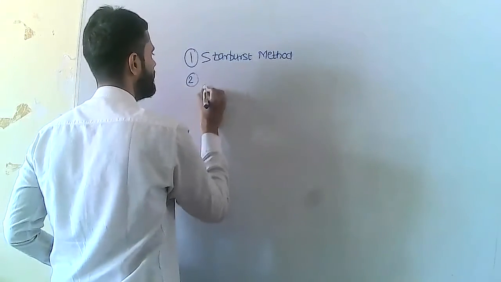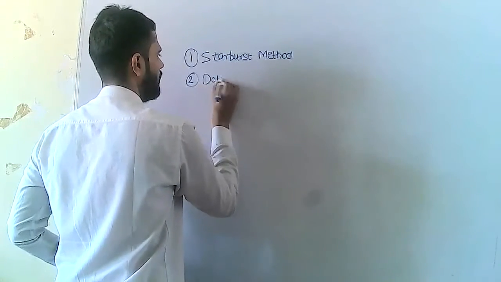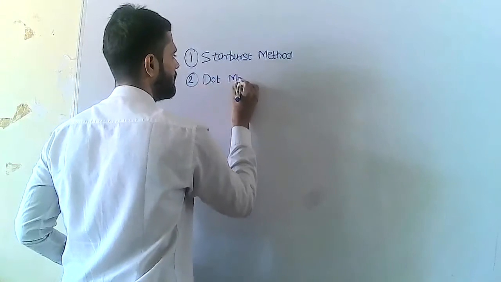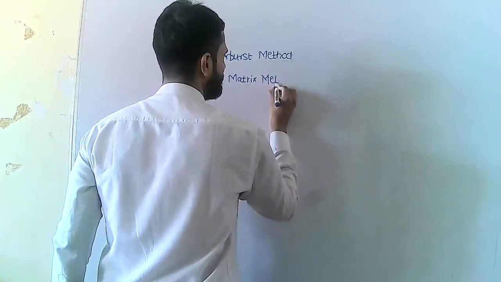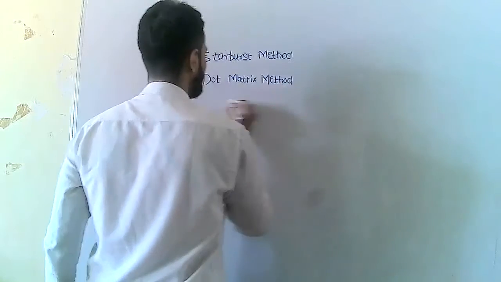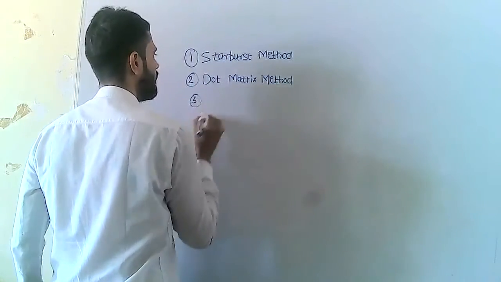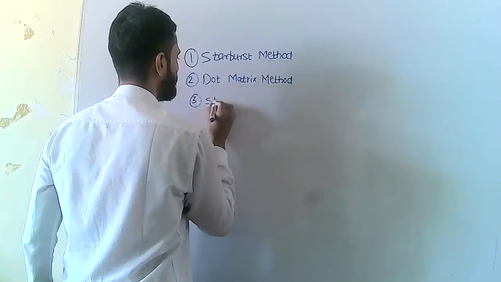Then the second method is the dot matrix method. And the third method is the stroke method.